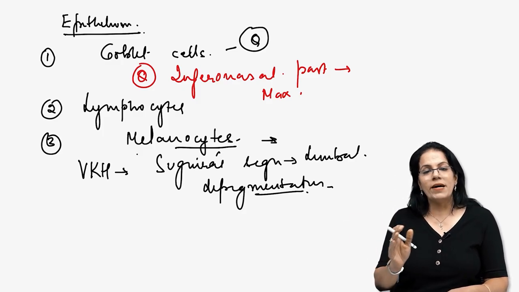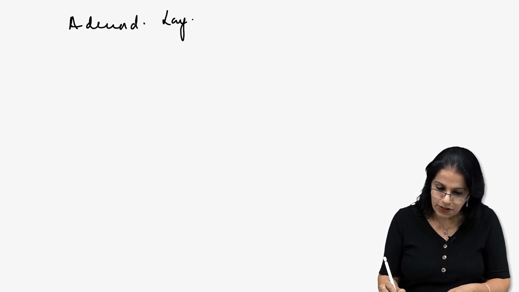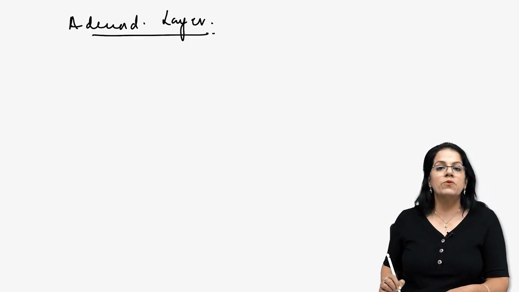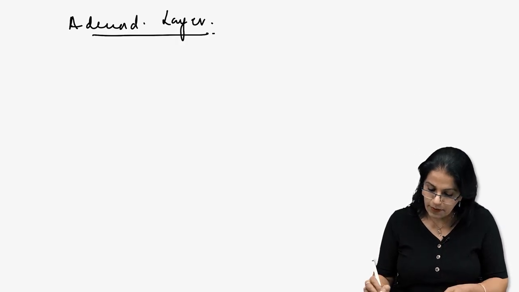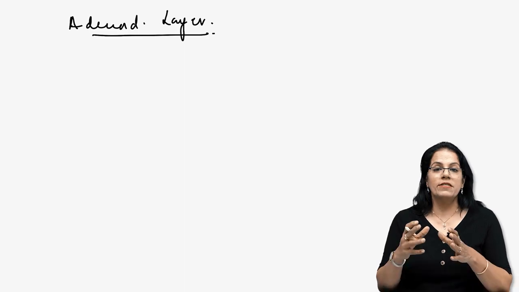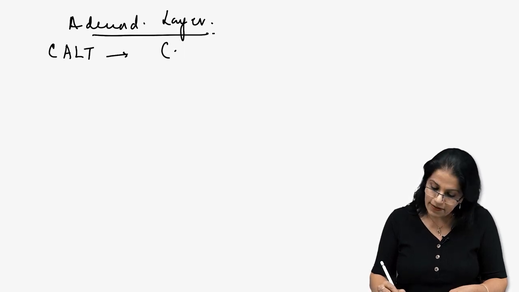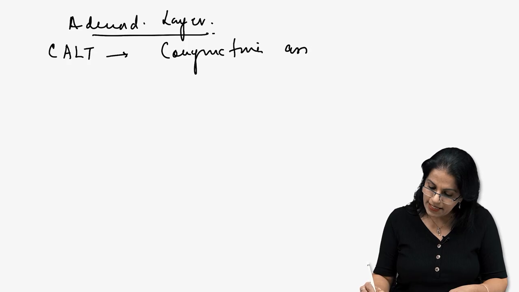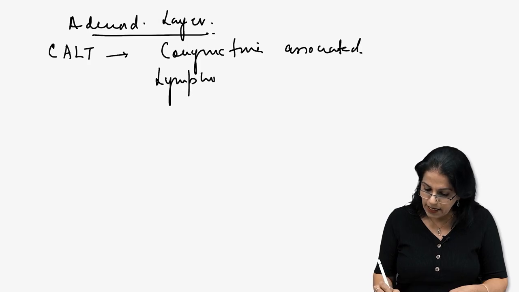Coming to the stroma, that is the adenoid layer. Next, talking about the adenoid layer, it is mainly loose connective tissue, right? What are the components present in the adenoid layer? Of course, what we find here the majority of the time is lymphoid tissue, and the term you have to be familiar with is CALT. What is CALT? CALT is nothing but conjunctiva associated lymphoid tissue, right?